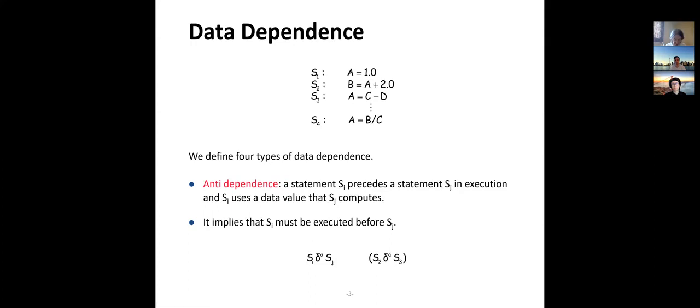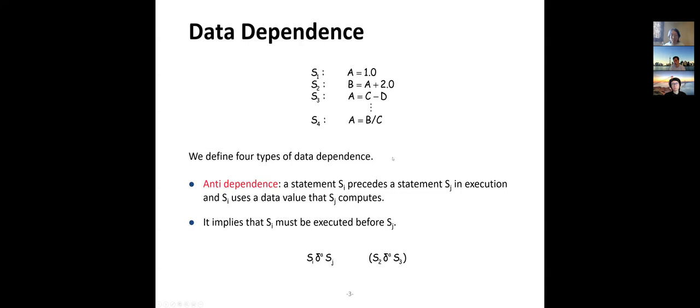Another dependence is called anti-dependence. Anti-dependence is when a statement Si precedes a statement Sj in the execution, and Si uses a data value that Sj computes. So here it's the other way around. For example, if you look here, this is generated A, and this is using A, right? And they go in this particular order.